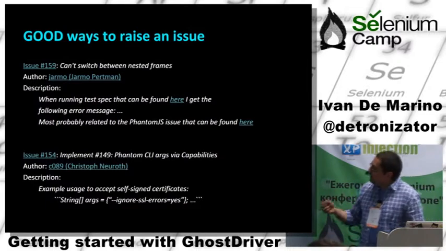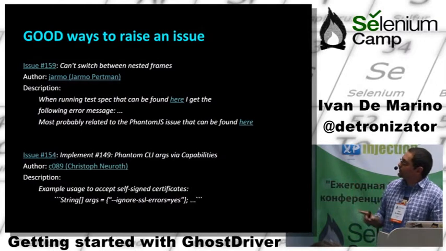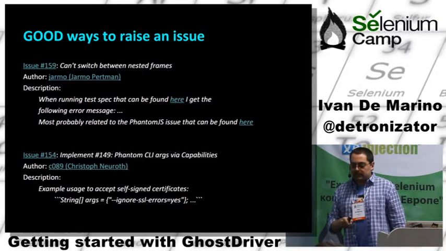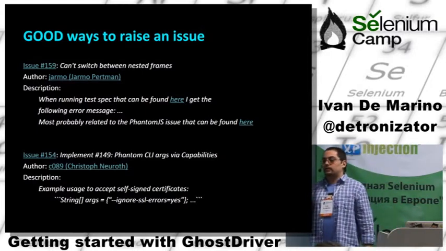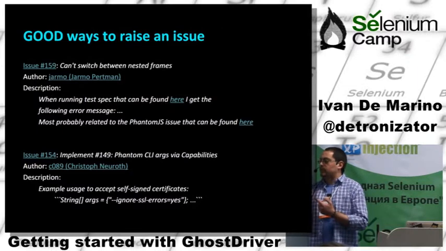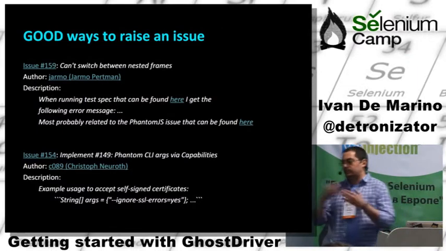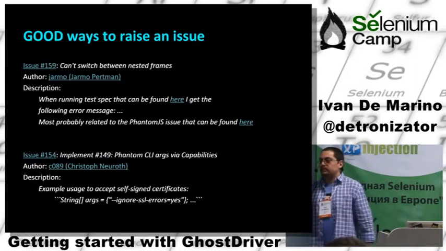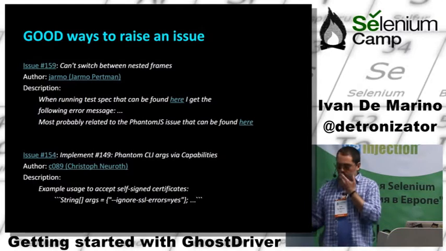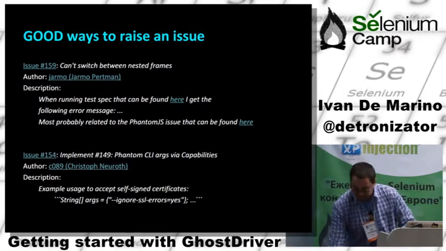This is another guy, Christoph Neurot. I don't really know this guy, I know Charm a little bit. But anyway, he wanted the ability to ignore errors when the certificate was not recognized. For example, sometimes inside your company you generate your HTTPS certificate, and the browser says this is not a valid certificate.